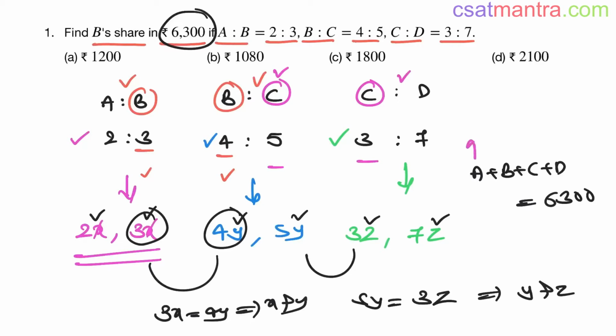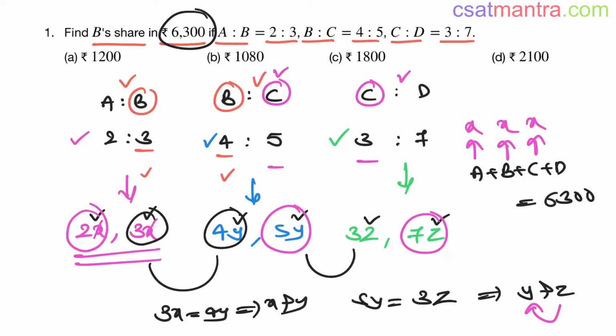Here we have A in terms of x, 2x, B in terms of x, 3x, C in terms of y, my friends. We have to write y in terms of x, then C will be in terms of x, D in terms of z. Here z we have to write in terms of y, and then in terms of x. So D will be in terms of x.